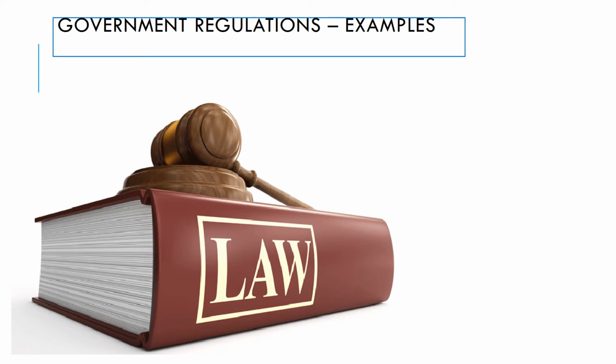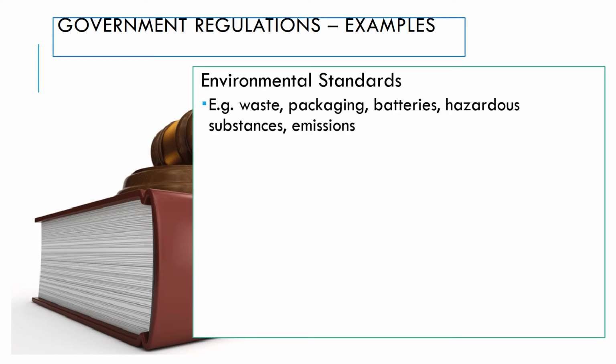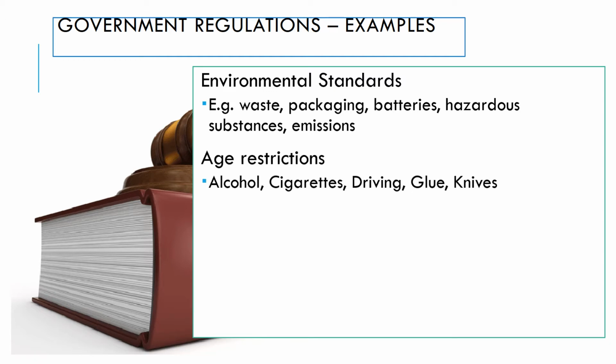So here are some examples of government regulations. Environmental standards to do with the level of waste or packaging, hazardous substance emissions. The government might produce a regulation that reduces the negative externality associated with damaging the environment. Things like age restrictions. These are examples of government regulations trying to undo any harmful negative external effects.